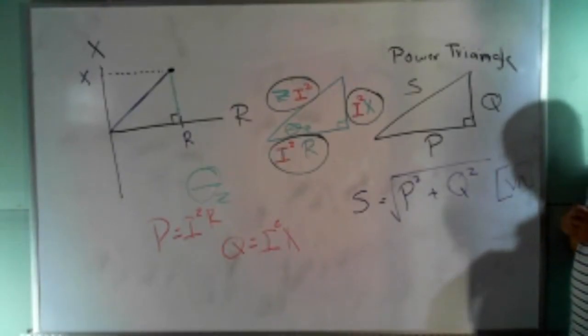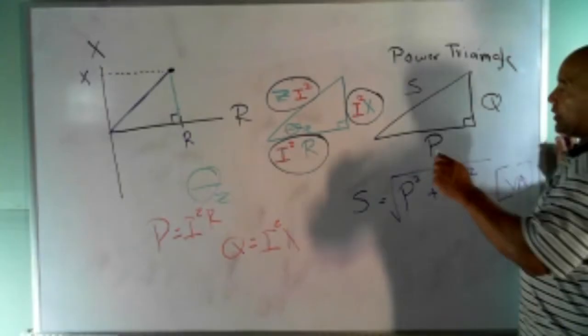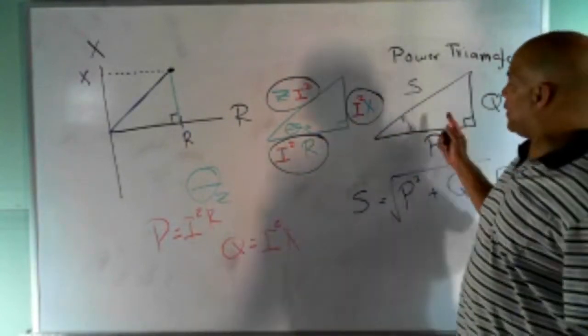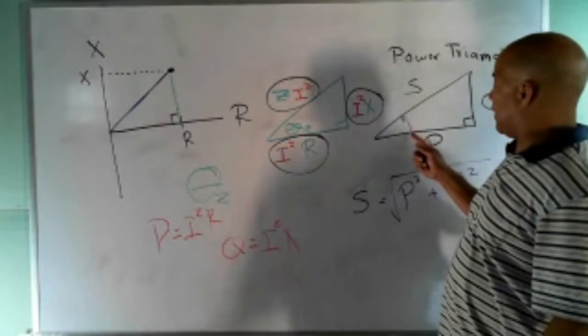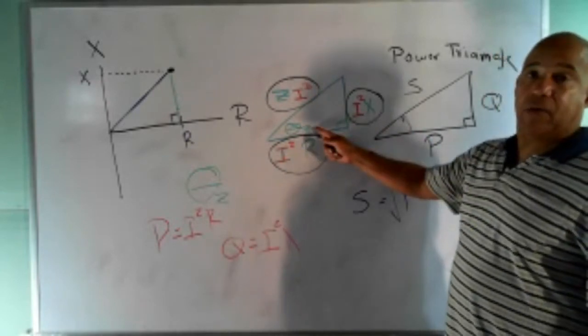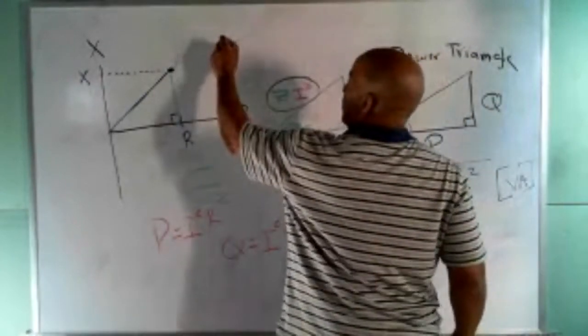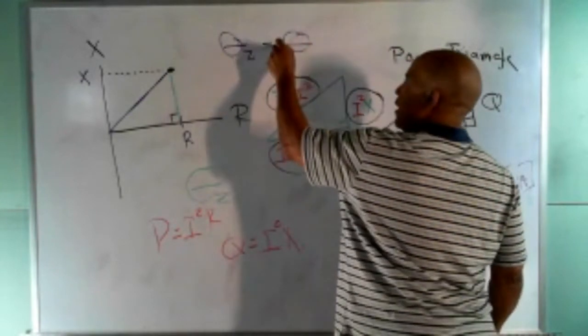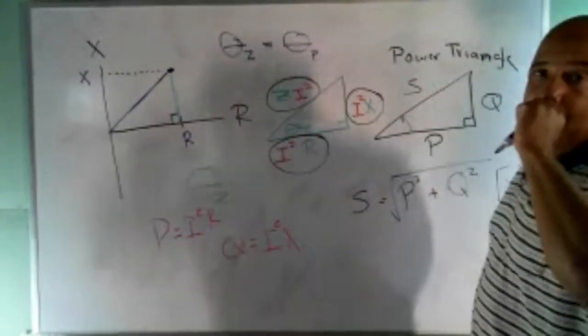Here's something interesting. This angle right here, and remember, this triangle came from here, so this angle and that impedance angle are the same. So my theta z is the same as the theta over here. I'll call it theta p for power.